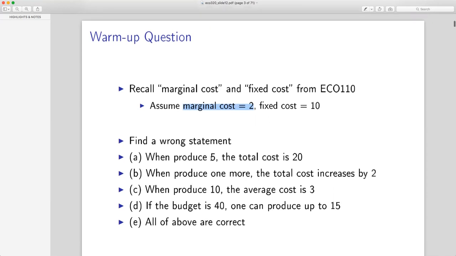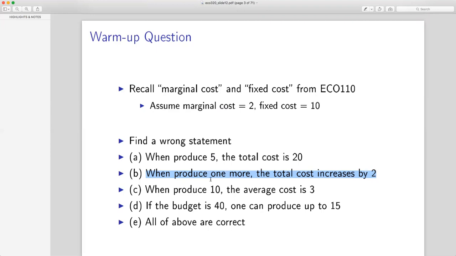For example, when you produce 5, total cost is fixed cost plus marginal cost times production, so 2 times 5 plus 10 is 20. When you produce one more, the total cost increases by 2. That is the definition of marginal cost. Every 1 unit you increase, your total cost increases by 2. Remember, this is a very, very important concept.